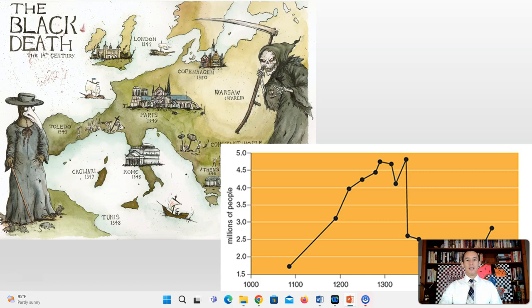And it absolutely devastated Europe. The numbers vary wildly, but it killed somewhere between 30 and 50% of the European population. Usually 30% is the number you usually hear.